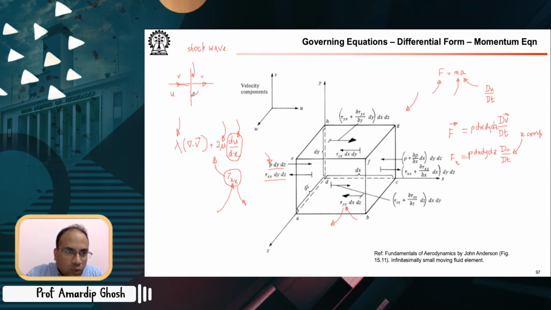If you zoom into this shock region, a few mean free paths wide, your u is changing very rapidly. So the du dx term is very large, and hence compressive stresses due to viscous effects are dominant inside a shock wave.